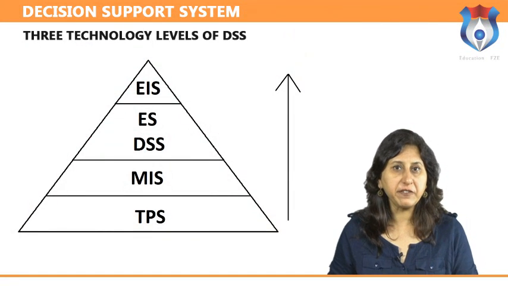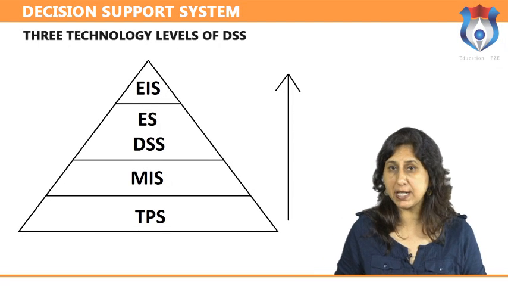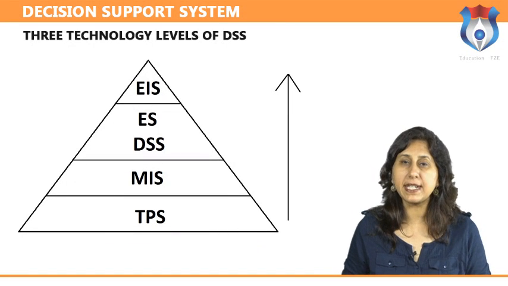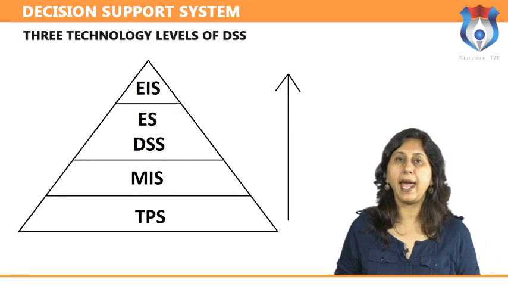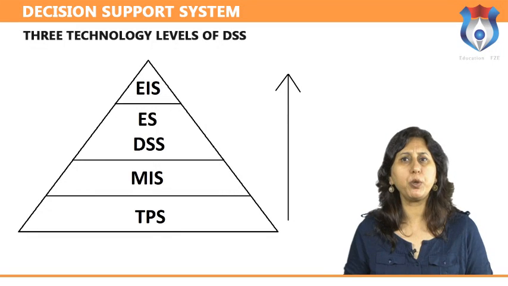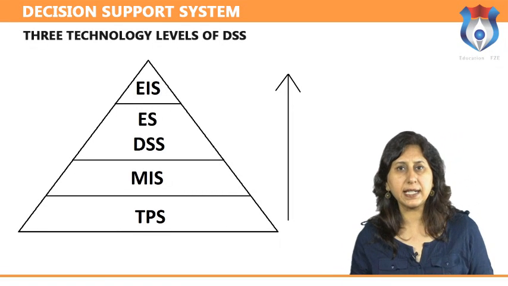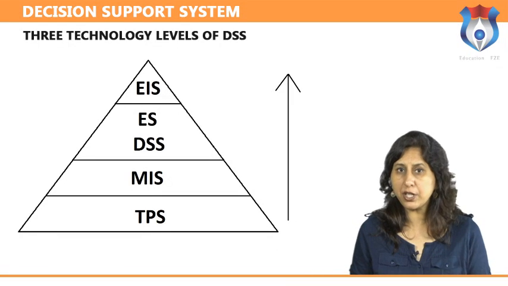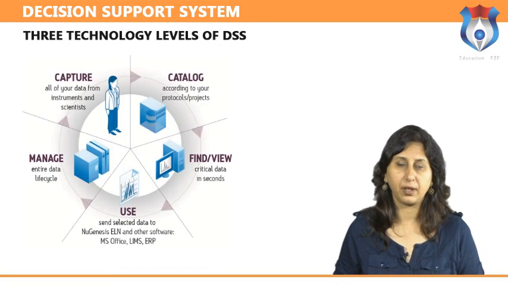An Executive Information System, EIS, is a type of management information system intended to facilitate and support the information and decision-making needs of senior executives by providing easy access to both internal and external information relevant to meeting the strategic goals of the organization.